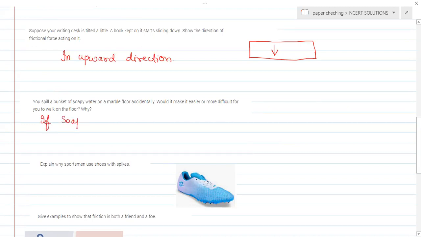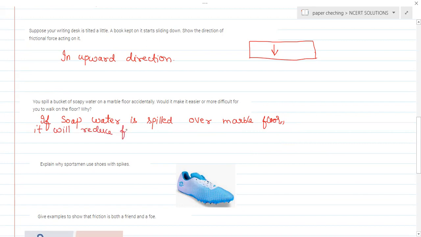If soap water is spilled over marble floor, it will reduce friction. It will work as a lubricant instead.